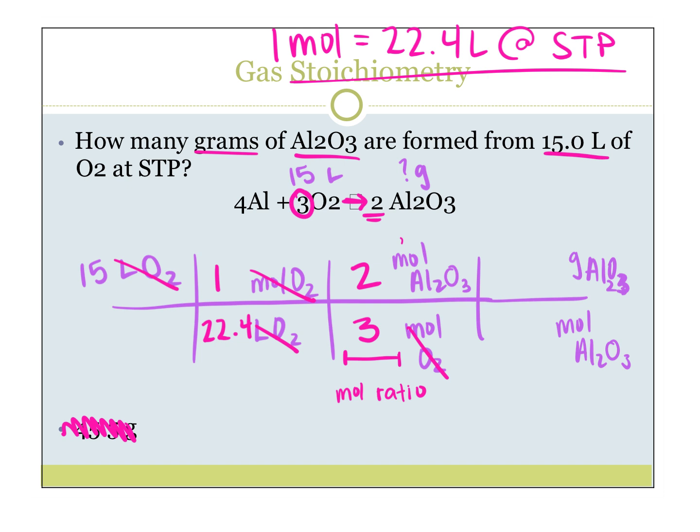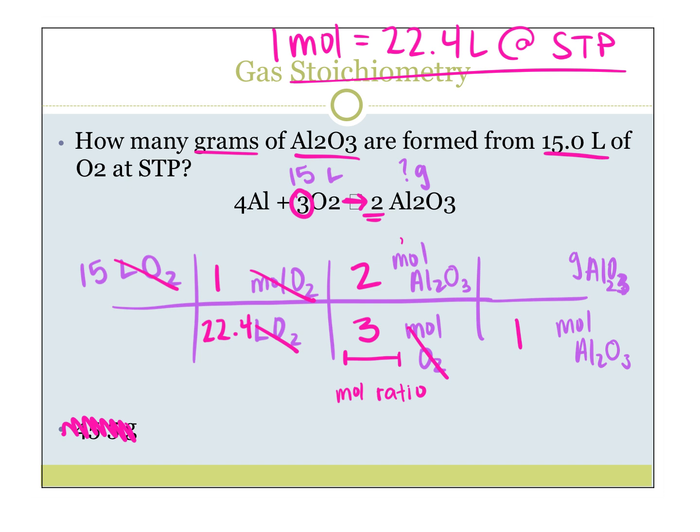What do we think? 102. I didn't have it quite that high. I had it at 74. I had 102. Oh, Al2O3. Aluminum is 27. You're right, thank you. 27 times 2.